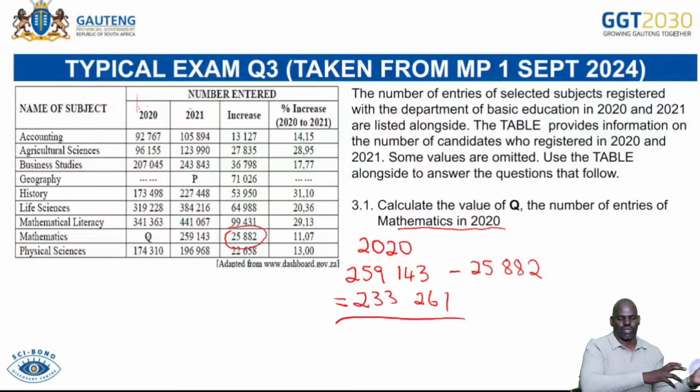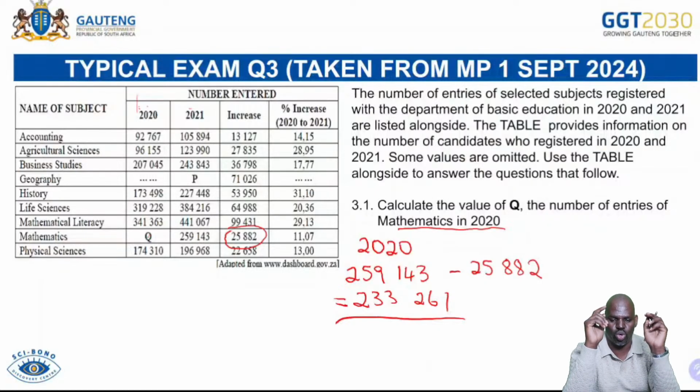So it means in 2020 the number was 233,261, and then in 2021, 259,143. In simple terms, the number in 2020 was 25,882 less compared to 2021.